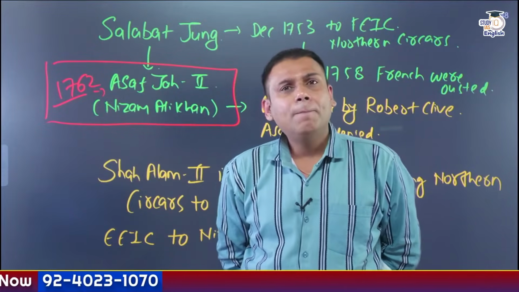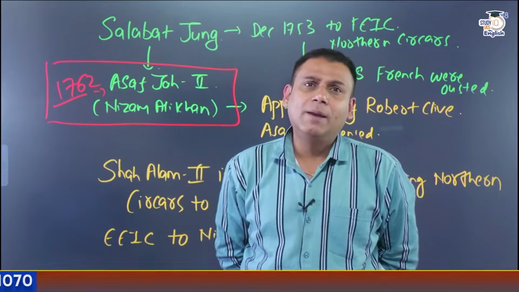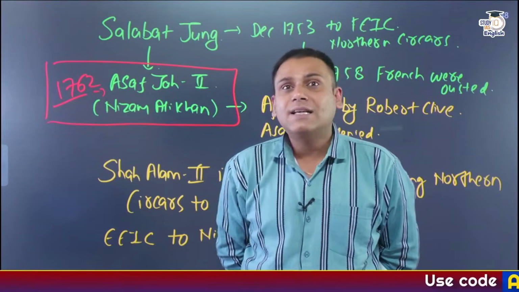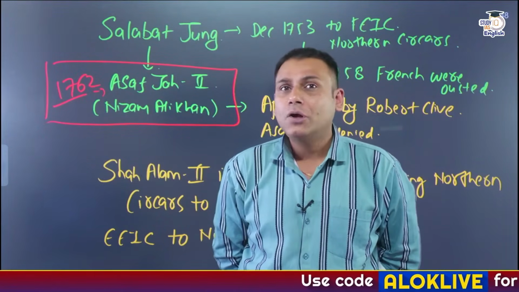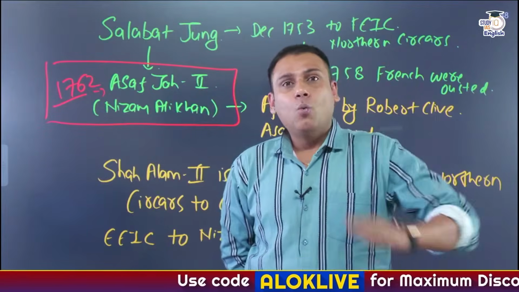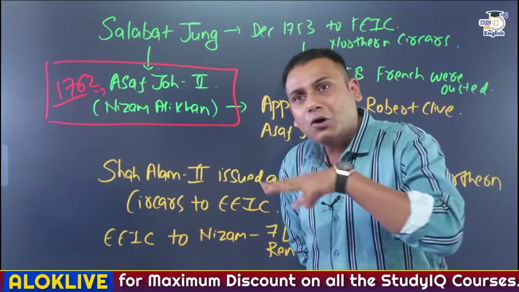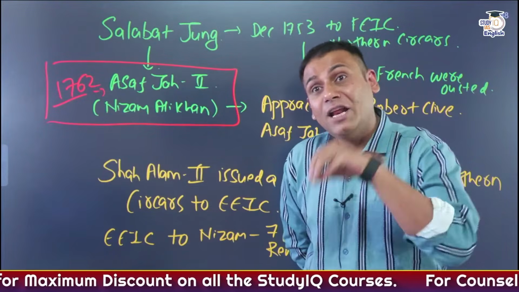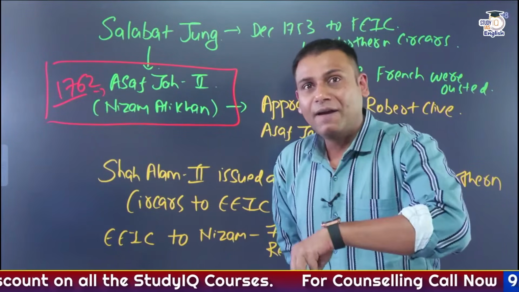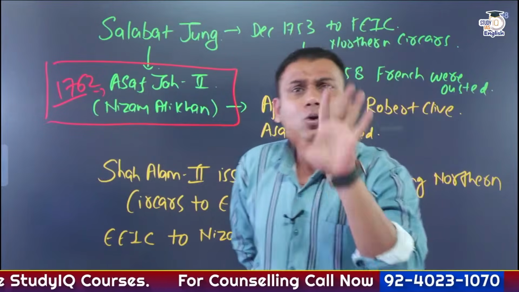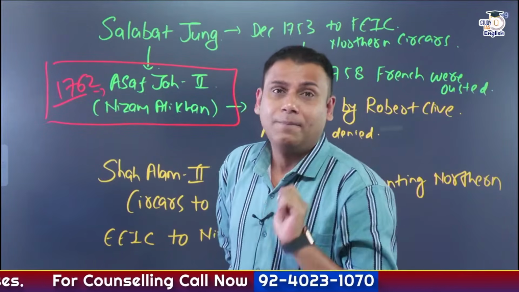If you remember, after the death of Aurangzeb, there were many successor states, also referred as autonomous states. One such state was Nizam of Hyderabad. So the territories of Nizam of Hyderabad, still on paper, fell under Mughal territories, although they were ruling in an autonomous manner.